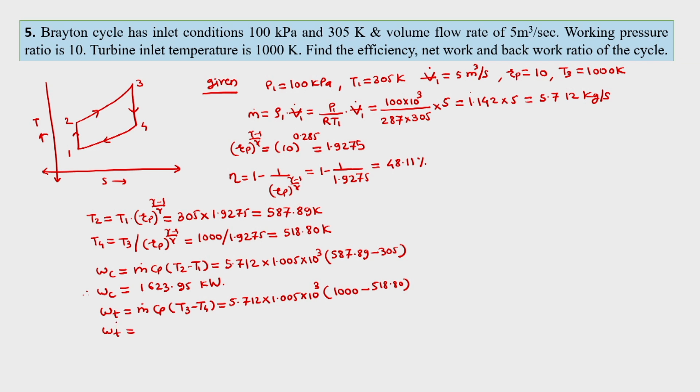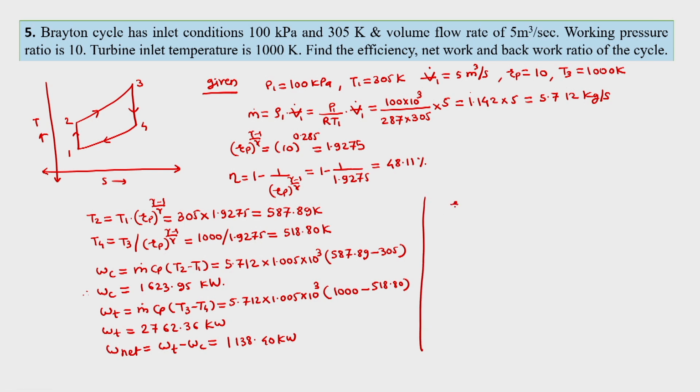So turbine work becomes 2762.36 kilowatt. So this gives us W net is equal to Wt minus Wc. So net work becomes 1138.40 kilowatt.